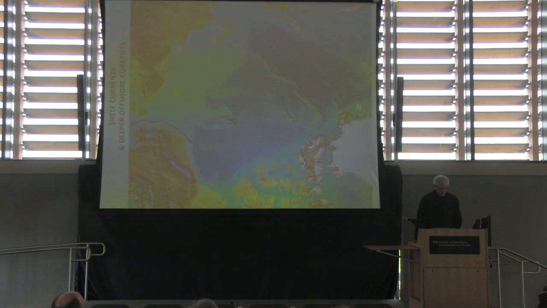First, we see the Alaskan coastal current that comes up from the Bering Strait, and that comes around Point Barrow. It has other branches that go off even into Barrow Canyon. Then we have this East Siberian coastal current that comes along in that direction. And we have a longshore drift along Alaska that's really shallow. And then we have deeper circulation, and I'll talk a little bit about this.